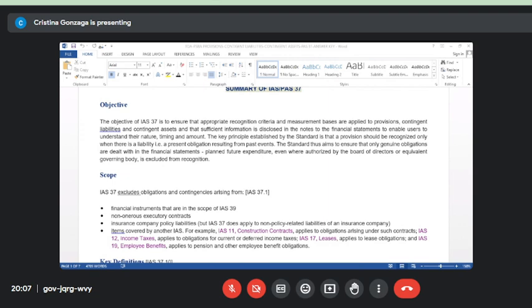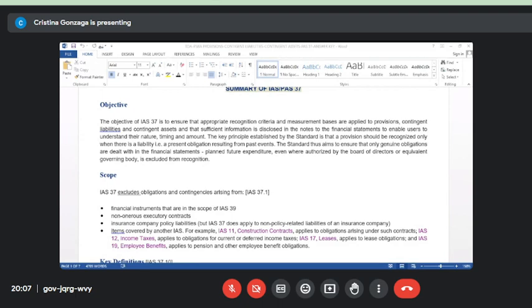Okay? So it is an existing liability. What do you mean by existing liability? It is an actual liability because it exists as at the end of the reporting period. Ito ang difference ng provision sa contingency. Ang provision, existing liability na.